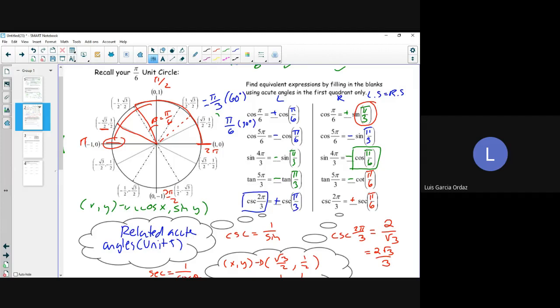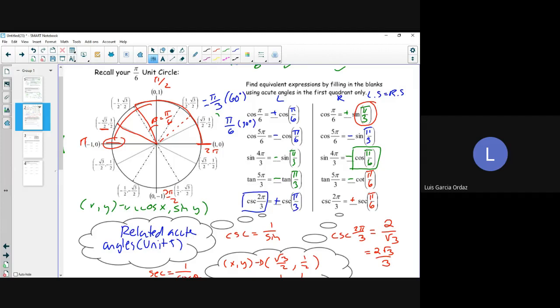Yep. Question: if we were using that same pi, and we get there by going negative, would the closest angle then be the bottom one?